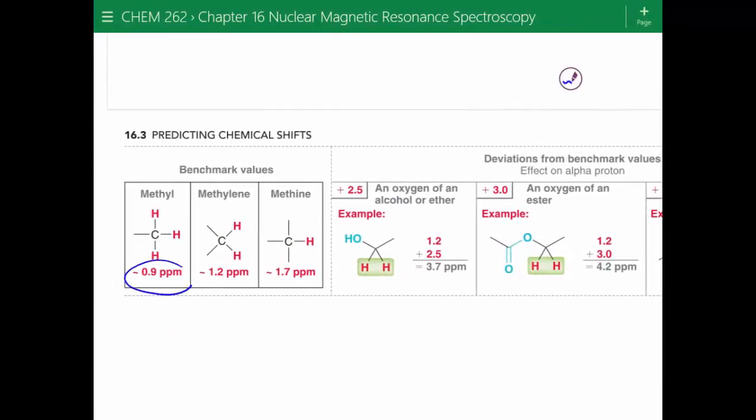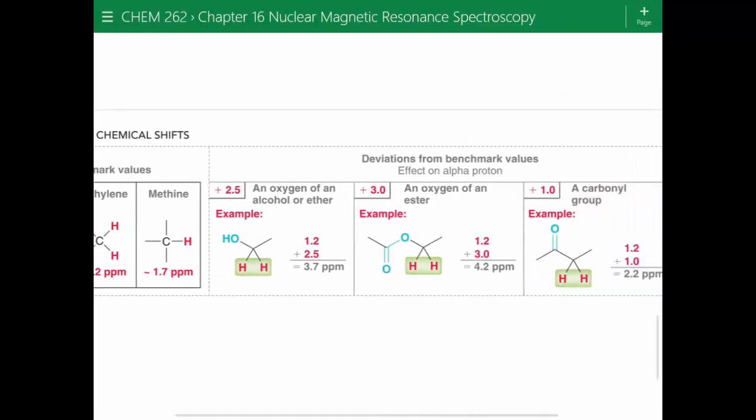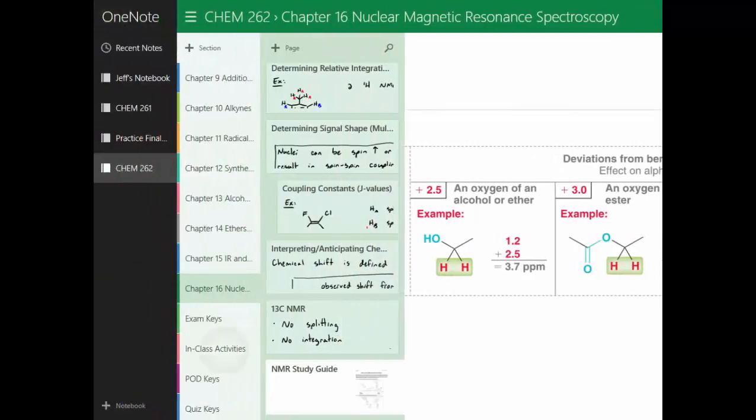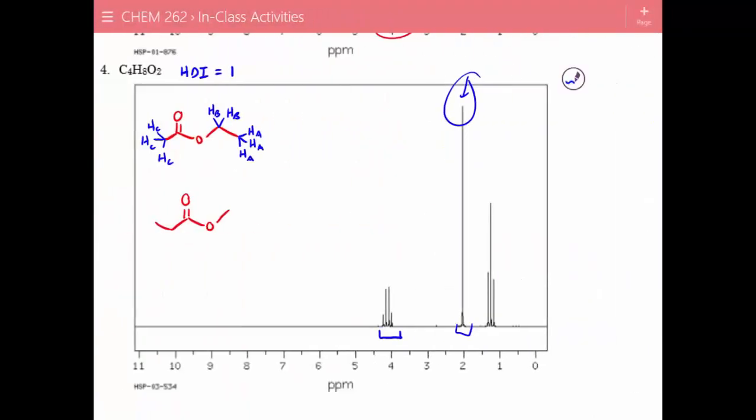We've got a methyl group on there, which has a benchmark value of about 0.9. And then it's right next to a carbonyl group, so we're going to add 1. So 0.9 plus 1 means that it's going to show up around 1.9. Let's take a look at where it's showing up. In this case, it's showing up right at 2. Perfect. So that's a good indication that that methyl group could be next to a carbonyl group.